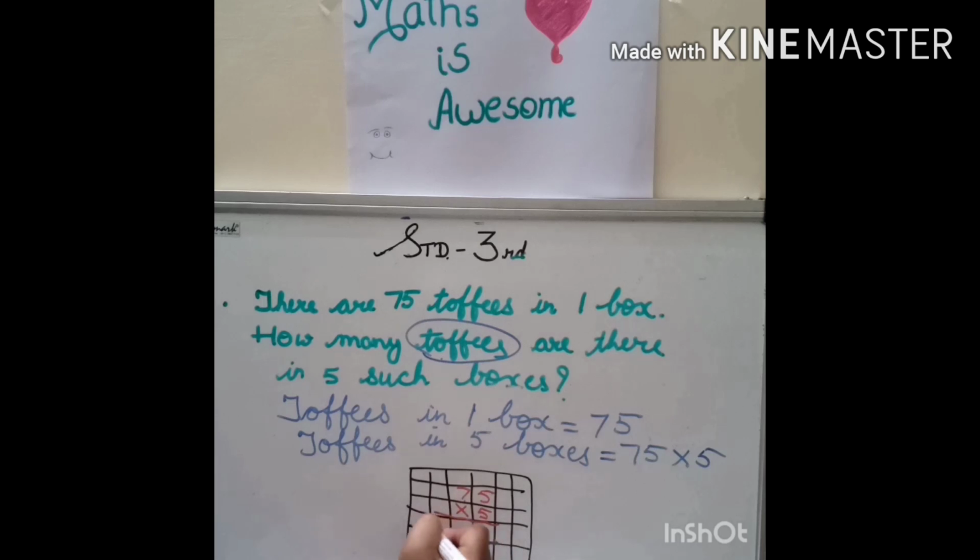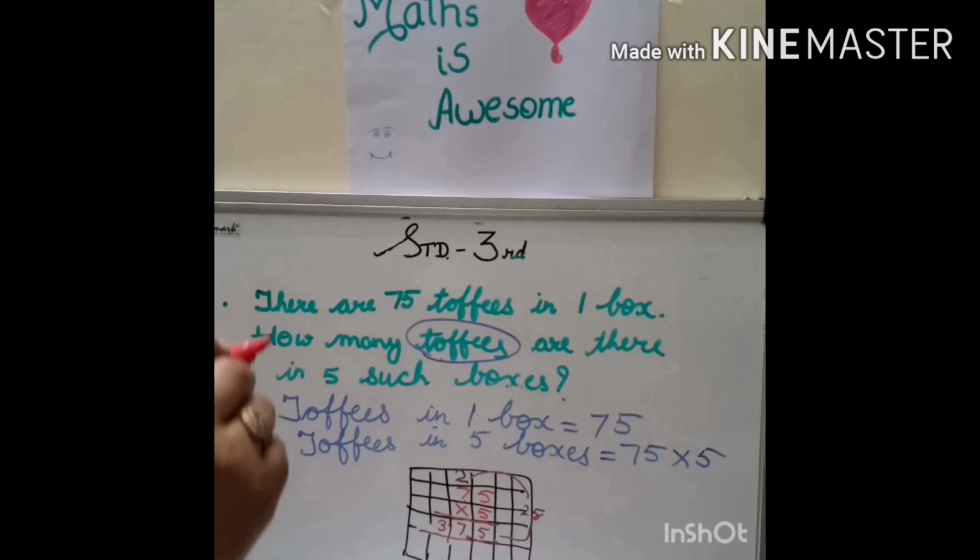Now we will read the table of 5 up to 5. 5 5s are 25. We will write it here on the side. 5 will come in the one's place, and this 2 will be carried over. Yes, very good. Now we will read the table of 5 up to 7. 5 7s are 35. Now we will add 35 plus 2, that is 37.